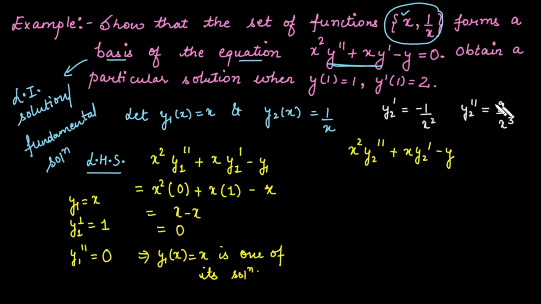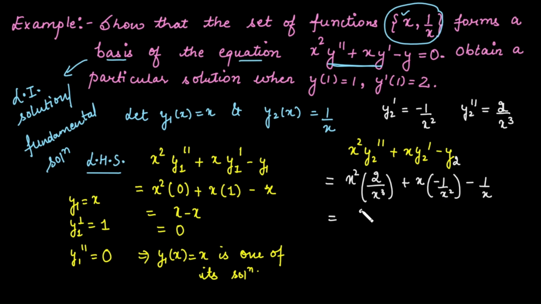Now substitute these values in this differential equation. What you will get? This is equal to x squared times the second order derivative value, 2 upon x cube, plus x into the first order derivative, that is minus 1 upon x square, minus y2, that is 1 by x.